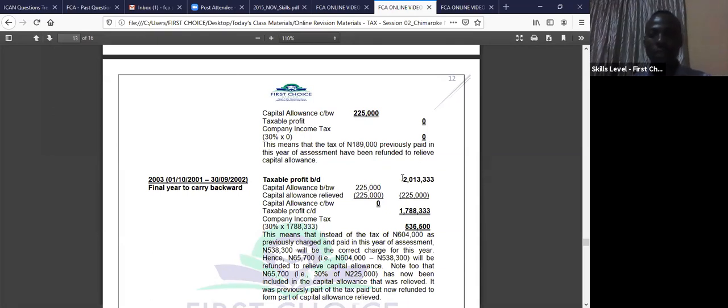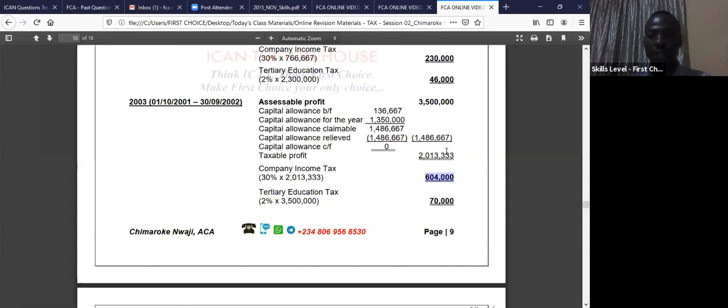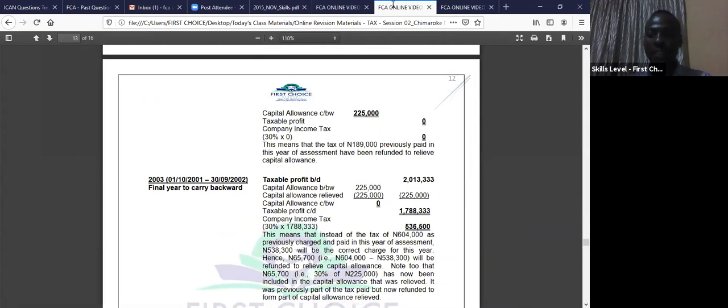Sorry, it's supposed to be, okay, sorry. Look at it here. Taxable profit here is 2,013,333. So that's what we brought here. So this is what was carried backward.